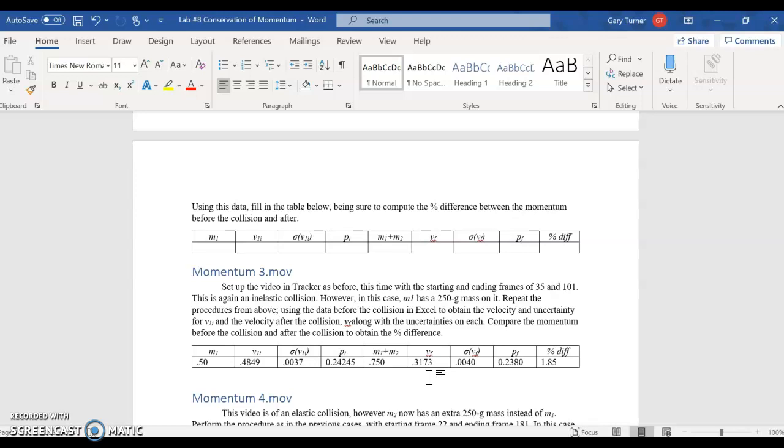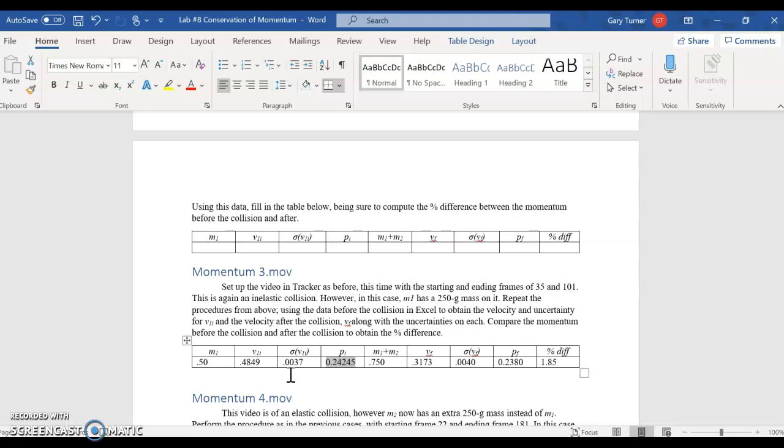Okay, because what we actually really wanted to compare are the momenta, not just the velocities. But these give you a way to try and determine the quality of your slopes. So the higher the quality of your slope, the less noise and the less scatter that's in your slope, the smaller those uncertainties are going to be, right?